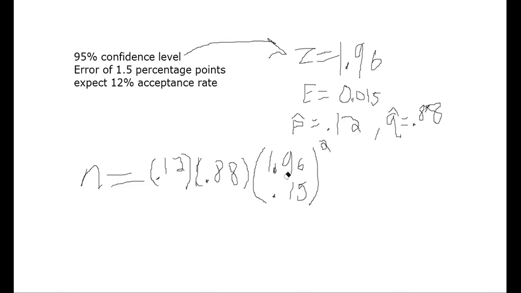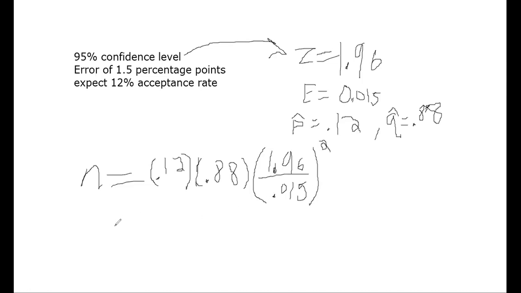If we compute this out, we would do the 1.96 over 0.015 all squared first. That gives us about 17,073.78.